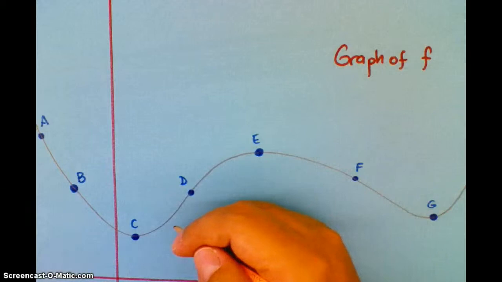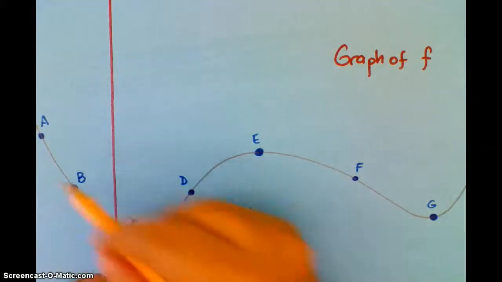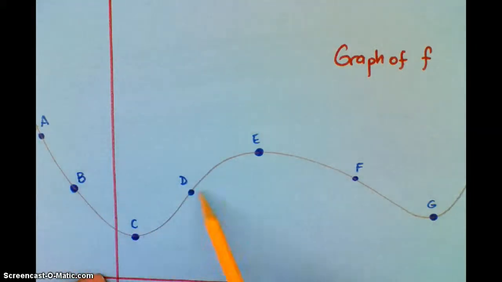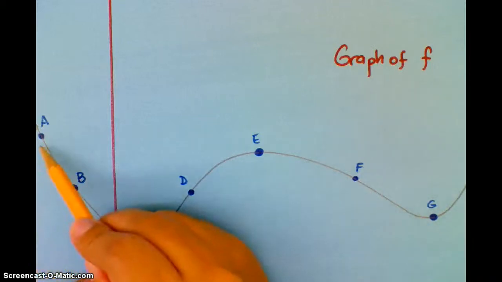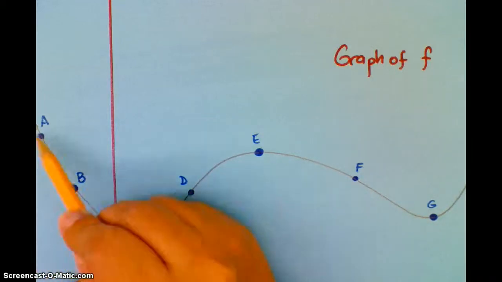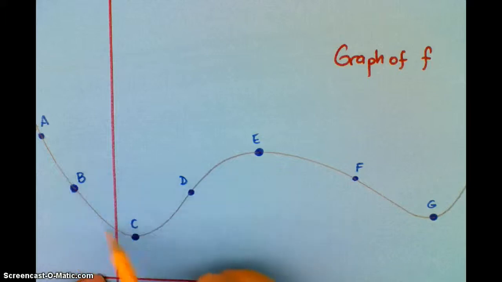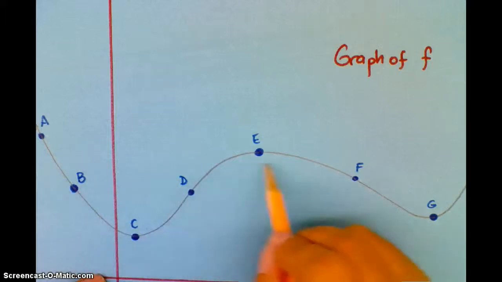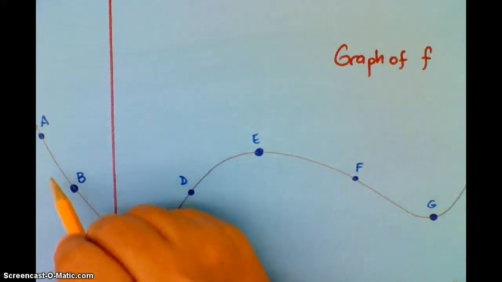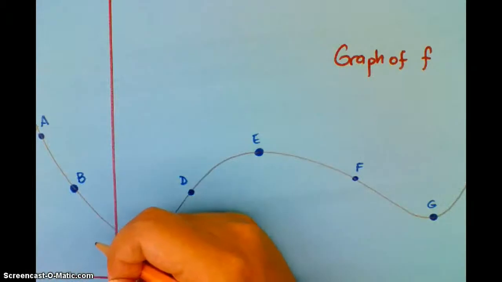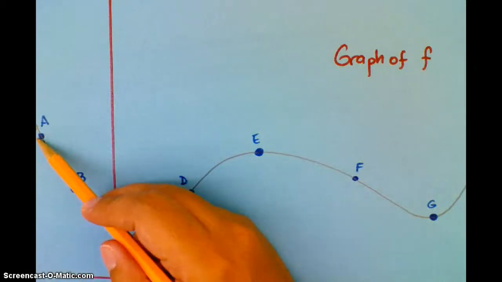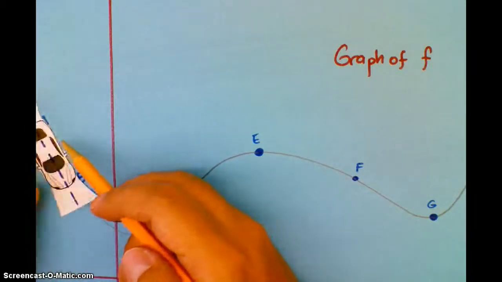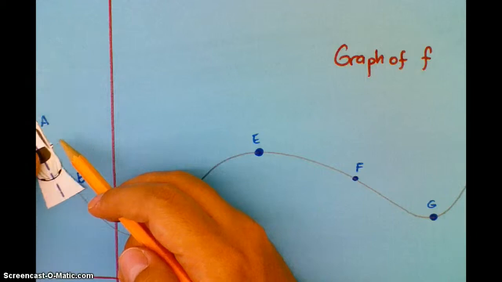So for example, I have point A. I have only highlighted a few points on the function, but the same thing happens to every single point on the function. Remember that there are infinitely many points whenever we have a curve, so for every single point that there is, the same situation happens. So I'm going to draw the tangent line to A. As I mentioned before, I have my little car here.